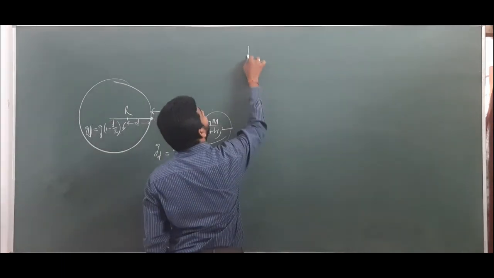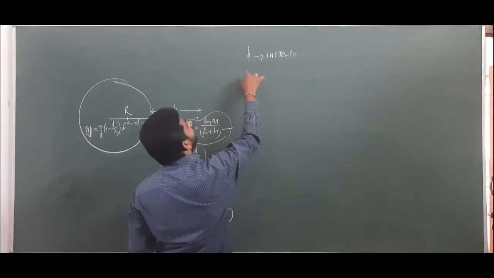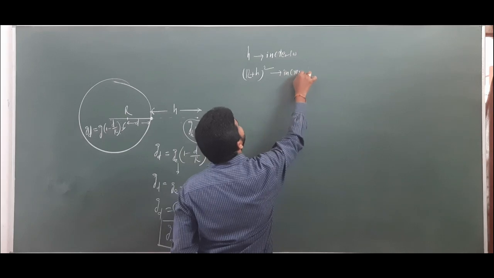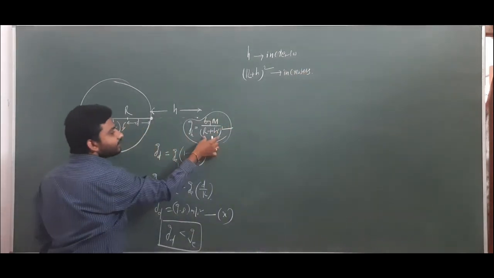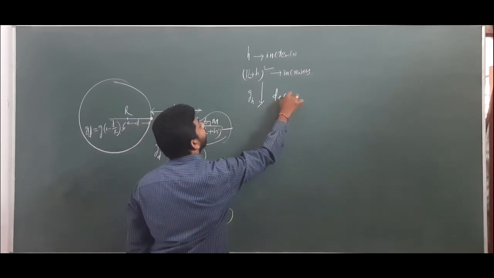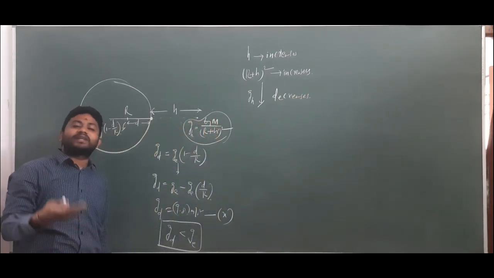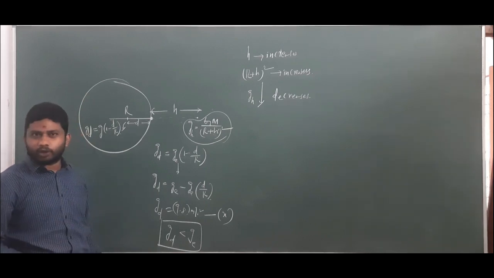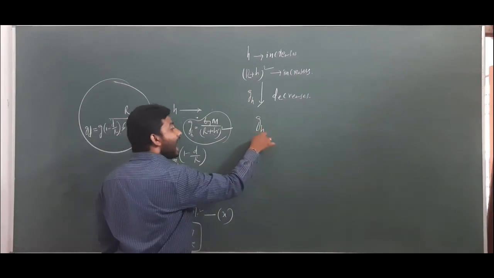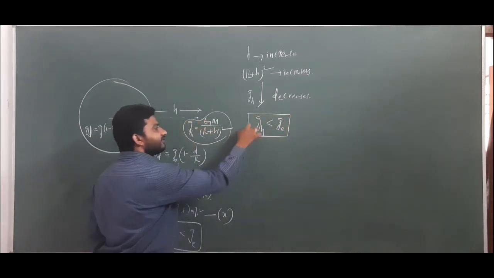When H value increases, automatically R plus H square also increases. When this denominator is increasing, acceleration due to gravity at some height will definitely decrease. Decrease from what? Decrease from the surface value called 9.8. So that's the reason here also you can write acceleration due to gravity at some height is always less than acceleration due to gravity on the surface, right?